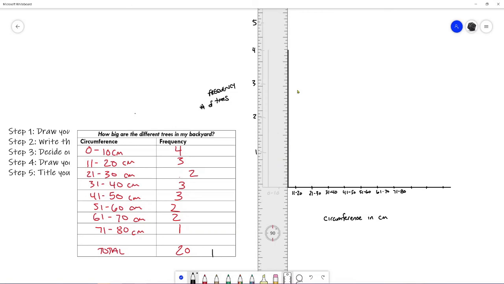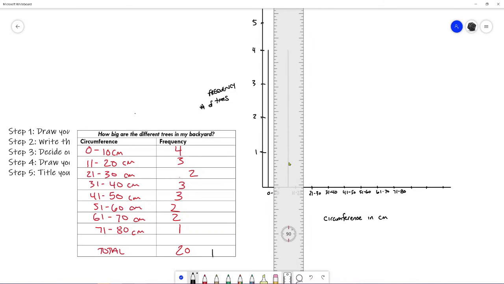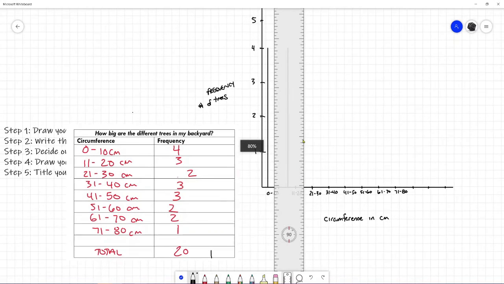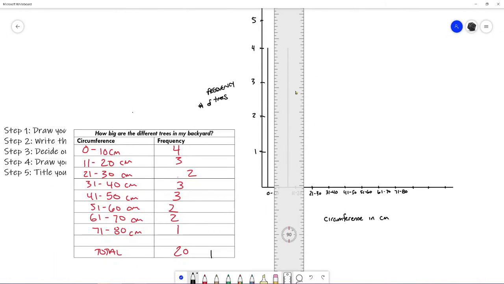So my first line is actually already drawn for me, right? Because they're all connected. So all I have to do is move my ruler to the next spot that I need a line and then draw one from 3. Again, it would be very easy if you have graph paper because you can just see exactly where 3 is. I, unfortunately, am going to have to estimate here. So I'm going to go from 3.